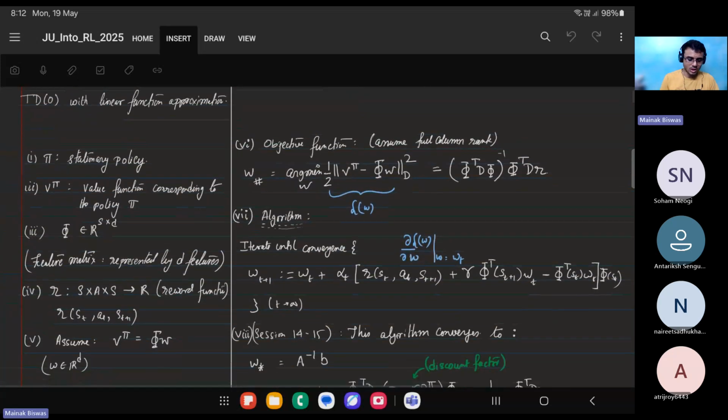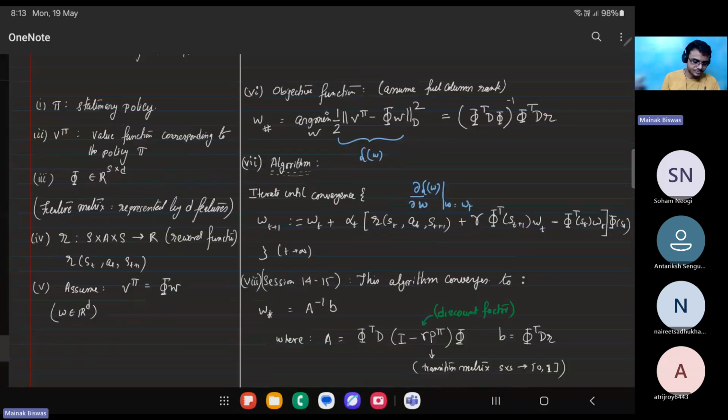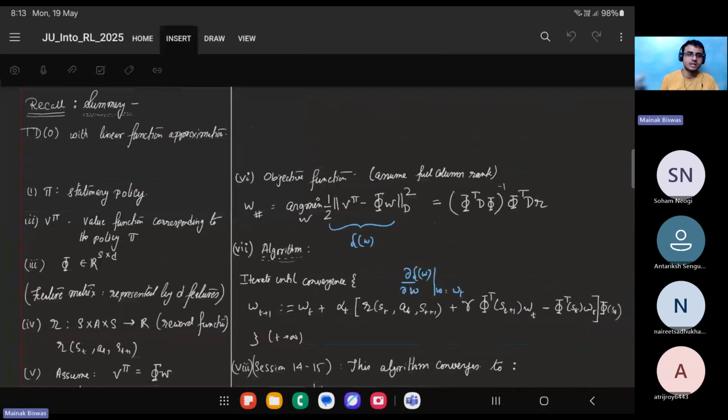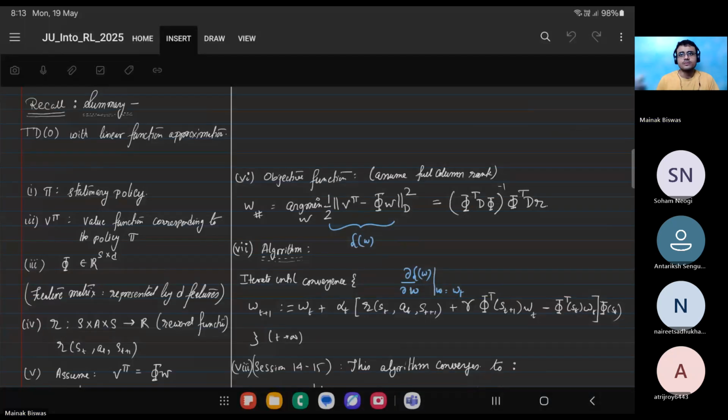So if you recall, on the left of the screen I have written down the entire TD0 algorithm from start to end.